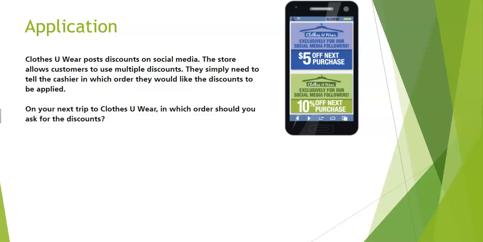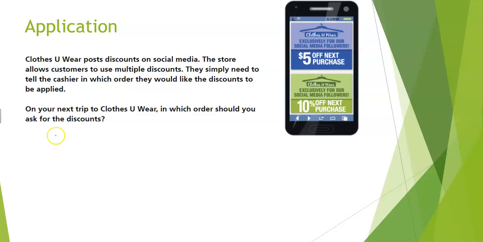So this clothing store gives you $5 off your purchase, and then you can also use 10% off your next purchase. So which order should you ask for the discounts? And hopefully the machine gives you the best deal, but you know what? It may not. So you might want to just double check to get the most discount.